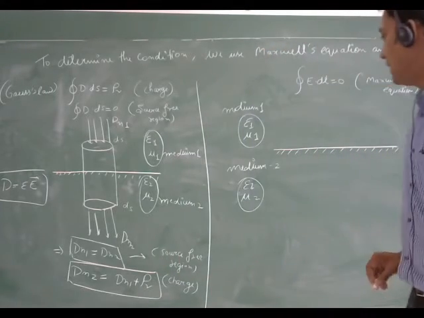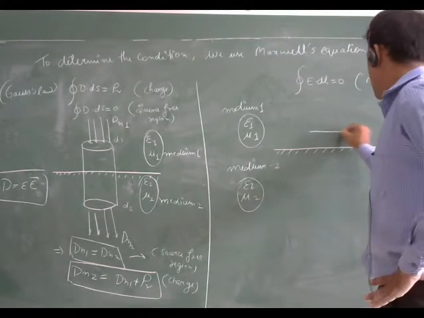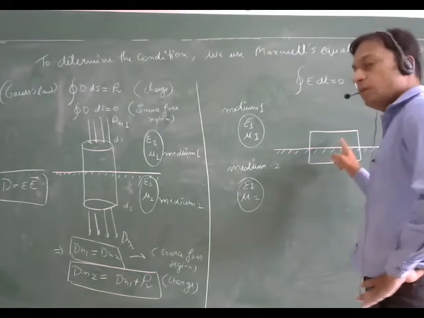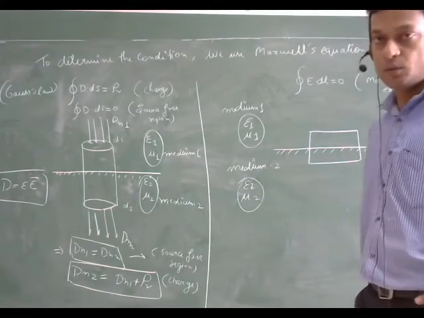Now let us take a small rectangular loop, which is crossing from region 1 to region 2.